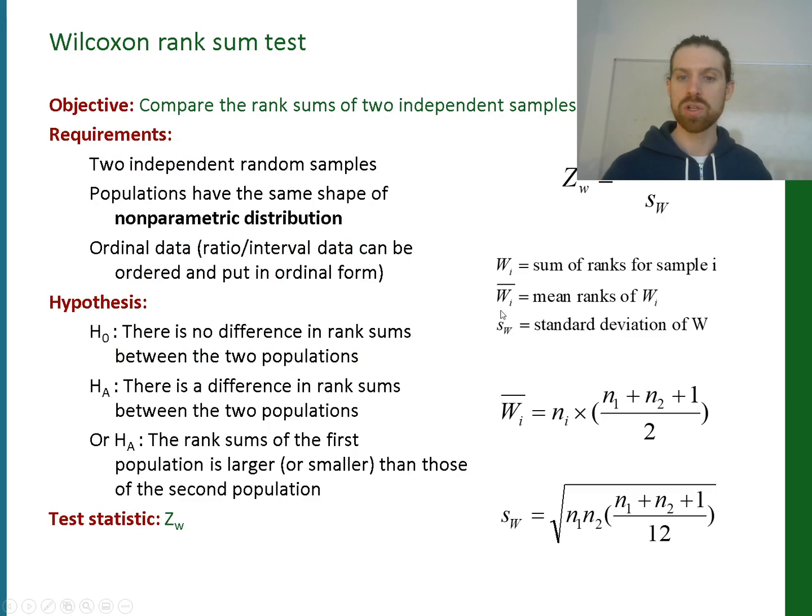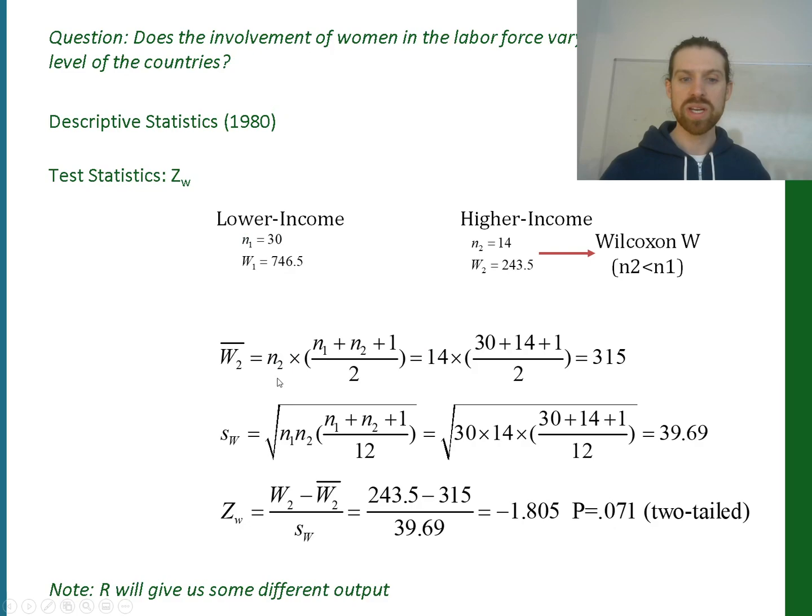The W bar is the mean ranks of W. So we need to take the sample size for our sample, which is 14, and the sample size for sample 1, which is 30. So we've got 14, 30, and 14 again, as we want the sample size for sample 2. And then we can work through all of those components to get 315. That gets us all of our numerator components.